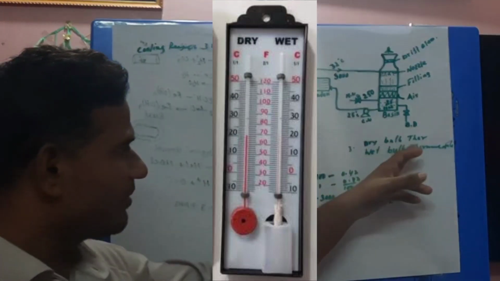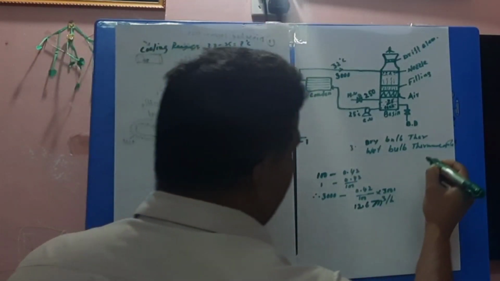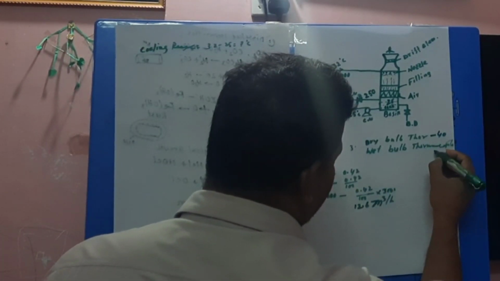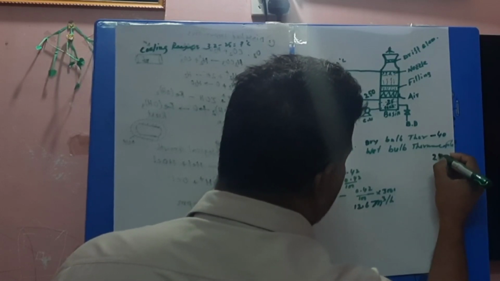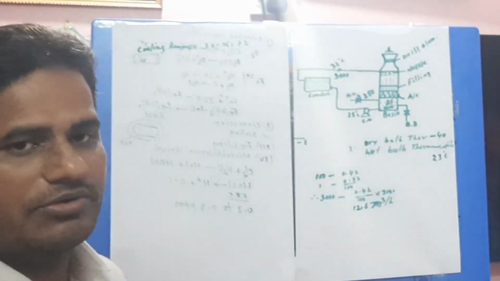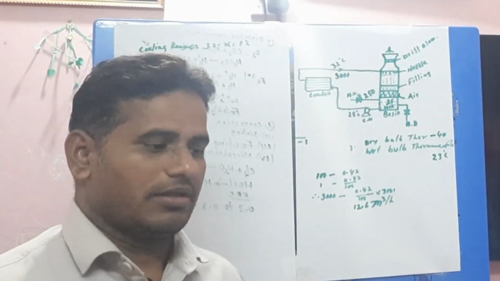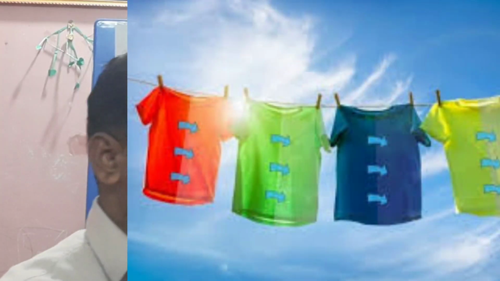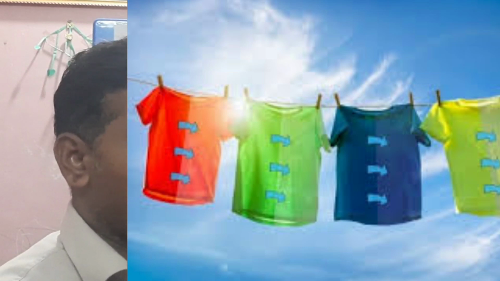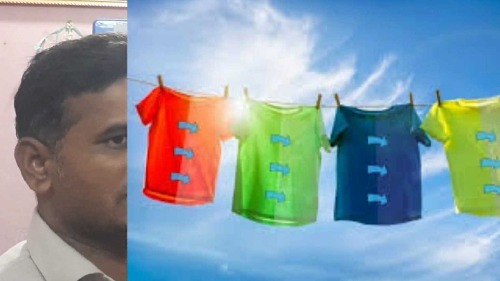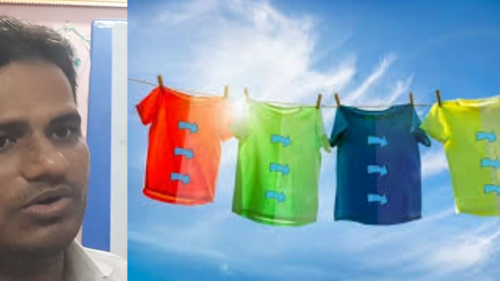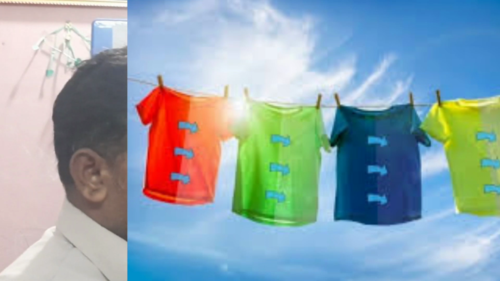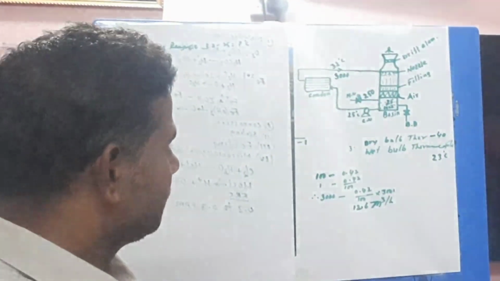So you think the dry bulb thermocouple temperature is 40 degrees, but this wet bulb thermocouple temperature is 23 degrees centigrade. You can understand with another example. After washing our cloth, we put it in the sun. That time our cloth will be dry. How is it dry? Because the air requires moisture. This air takes moisture from the cloth. By this way, the air temperature will increase and water temperature will decrease.